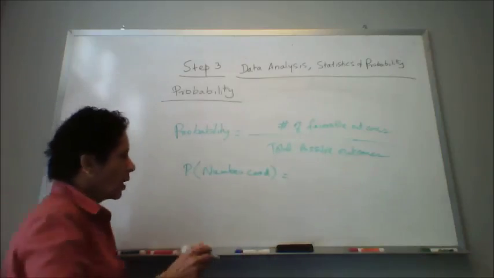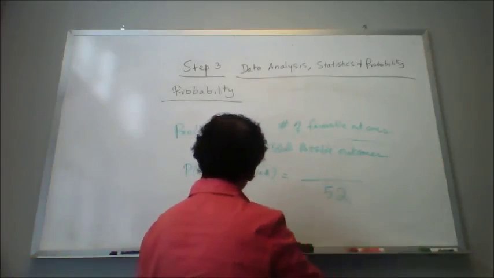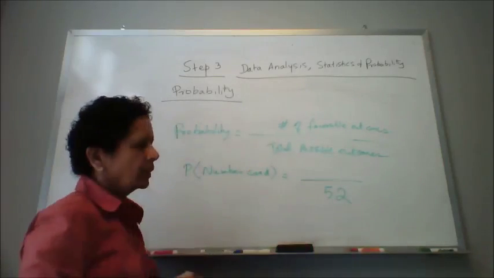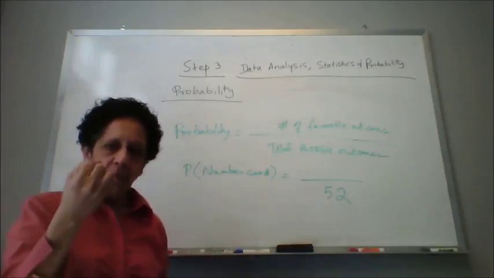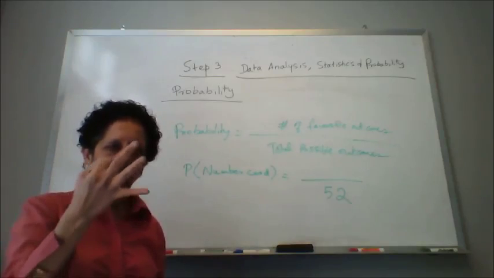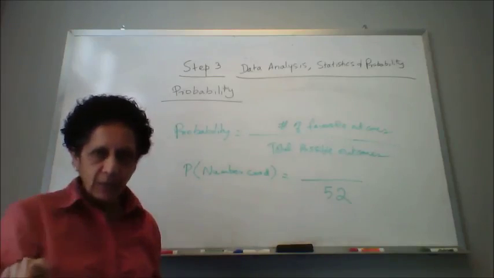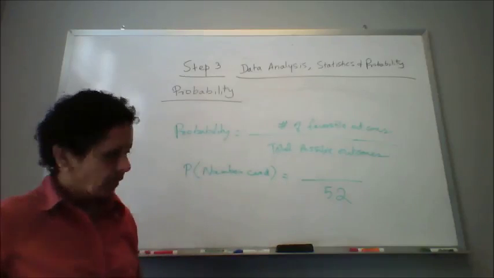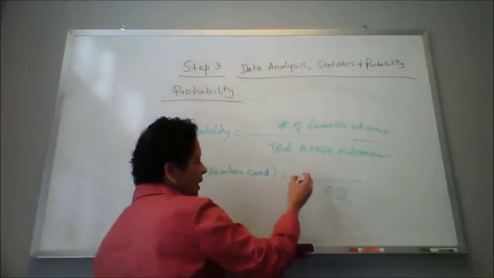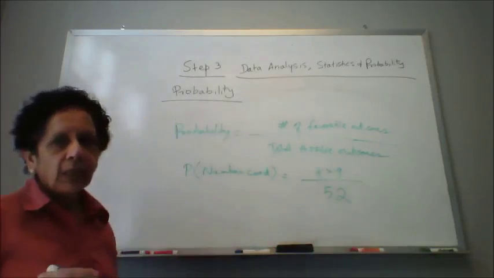So now on the bottom, it's the total number of cards, that is 52, the total number of possible outcomes. Then on the top, how many number cards are there? I need to count. There's no one. It's 2, 3, 4, 5, 6, 7, 8, 9, 10. There are 9 number cards for each suit, right? So 4 times 9, that many number cards are there.